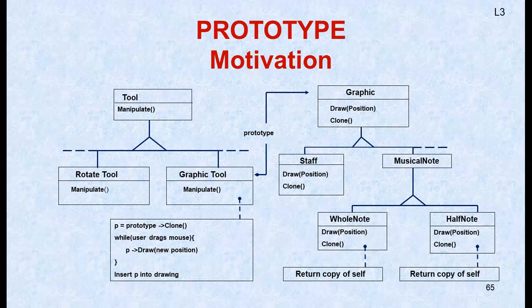So the tool for creating whole notes becomes just a graphical tool whose prototype is a musical note initialized to be a whole note. This can reduce the number of classes in the system dramatically, and it also makes it easier to add a new kind of note to the music editor.